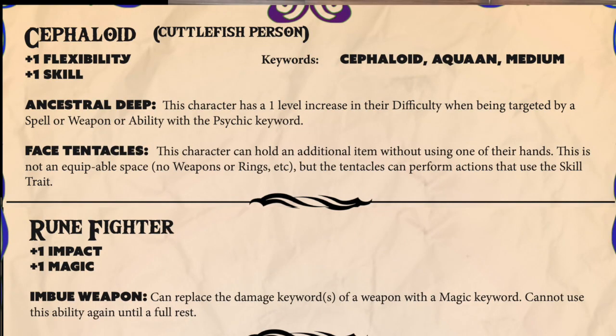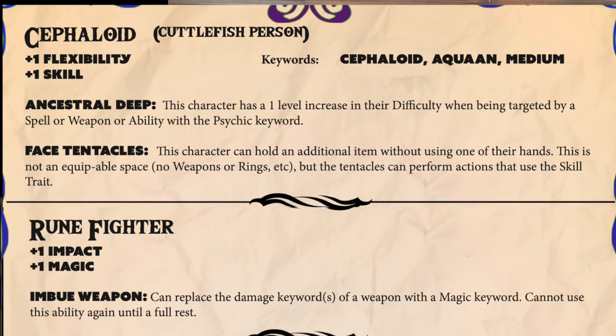So there are 6 ways to combine these traits, because you get 2 from the peoples and 2 from the class. And so we're going to go through each of these 6 and try and find the one that's the best match. First up, we have the Cephaloid Rune Fighter, and a Cephaloid is essentially a Mind Flayer from Dungeons & Dragons, but without any psychic powers.